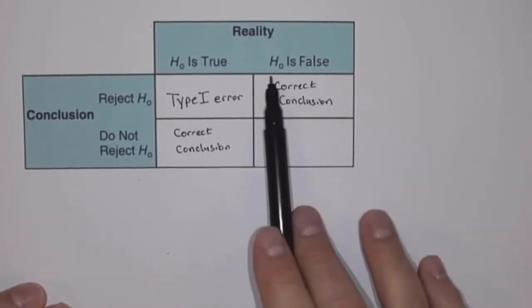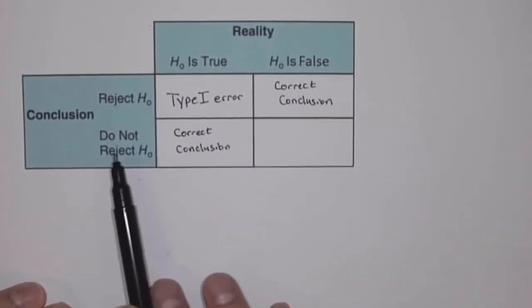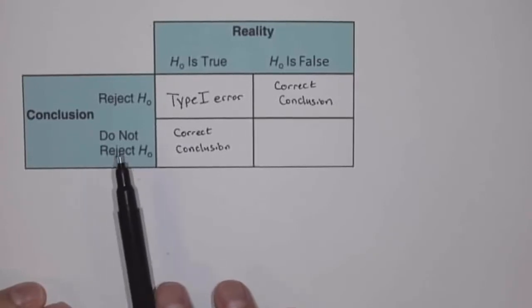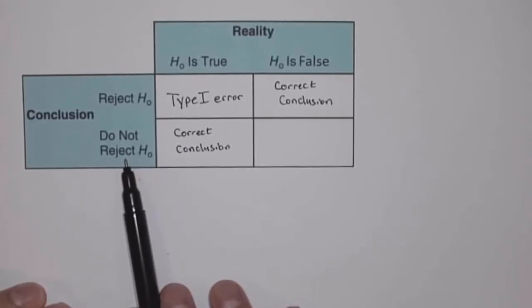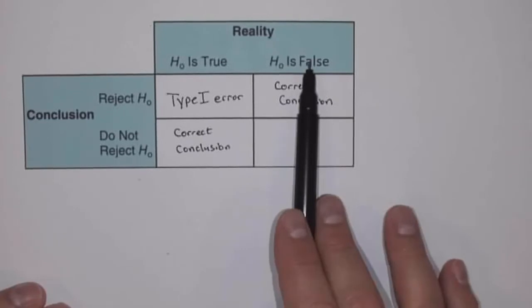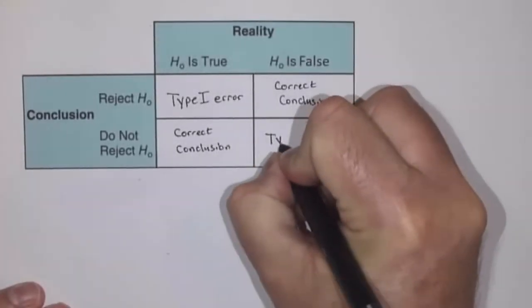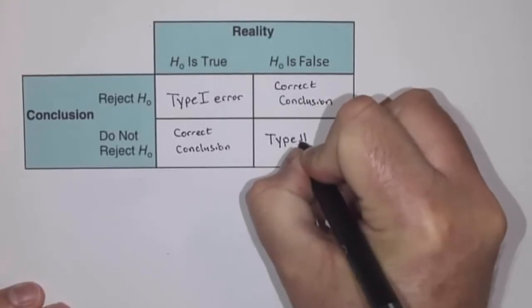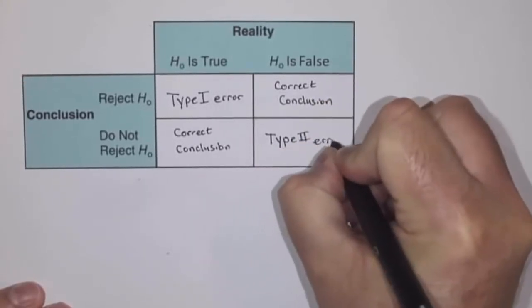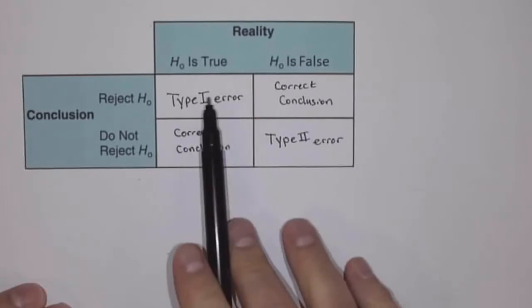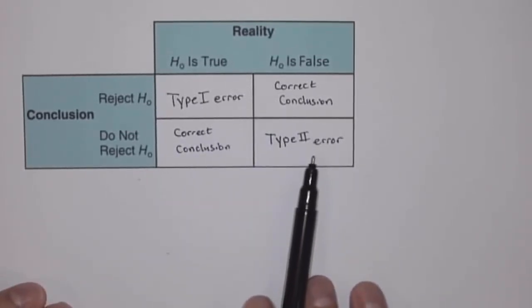But it's also possible that the null hypothesis is false and I do not reject it. So I conclude that the null hypothesis is true when in fact the null hypothesis is false. That is an error, and that is a type 2 error. So there's two different types of errors that we could make.